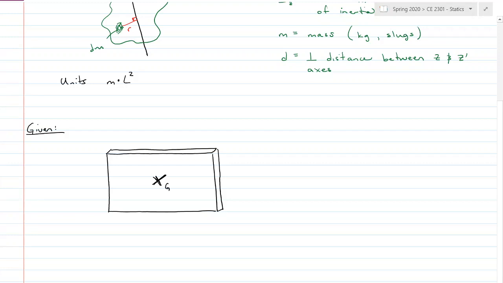So there is G for mass center. I'm also going to put a place over here called O. The height of my plate here is 2 meters. The width of my plate is 3 meters. And the depth of my plate doesn't matter in this case.